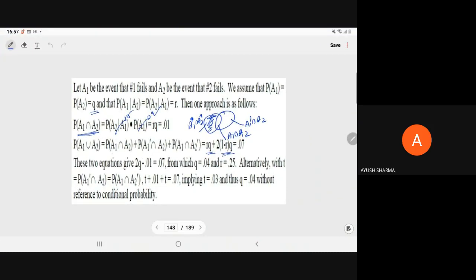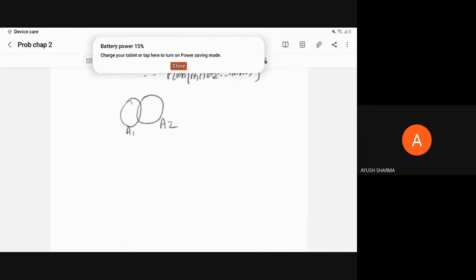So like the A1 union. You want to answer how we are writing this 1 minus R into Q. Actually, here we have used one concept. We have computed this.